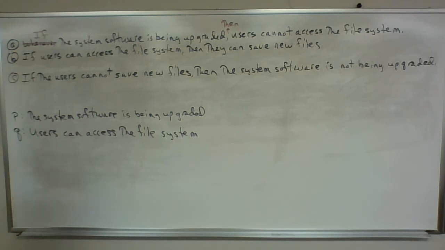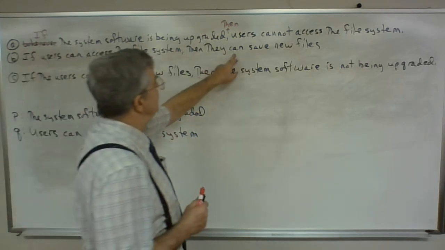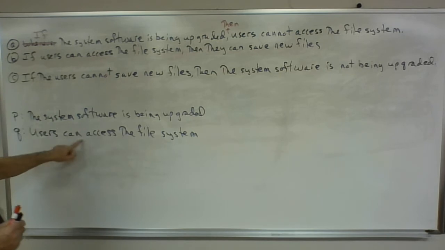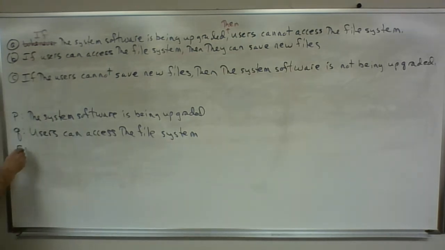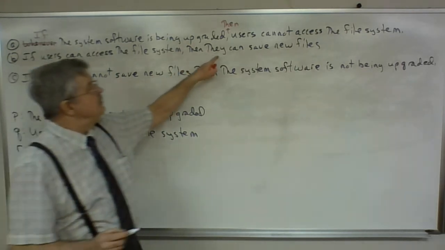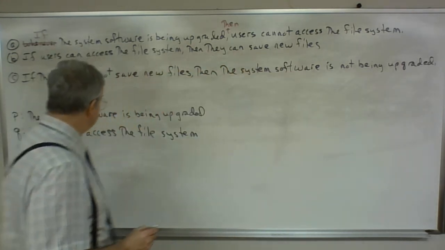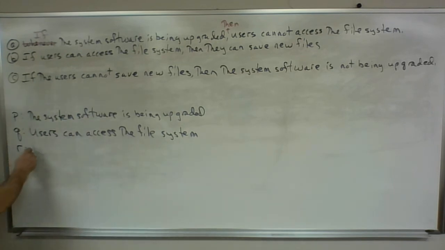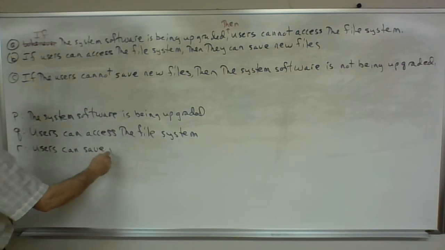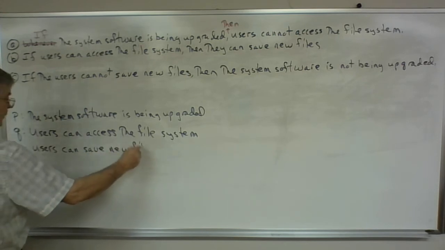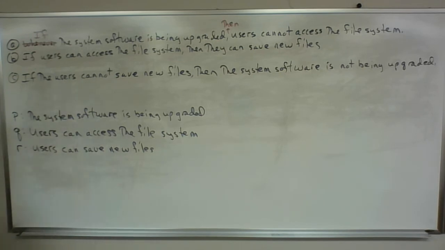Now, what do I have down here? Users can access the file system, that's Q. They can save new files. Let's see, do I have that here? I don't. So I guess that's going to be my third simple statement: users can save new files, R. Okay, what about this?